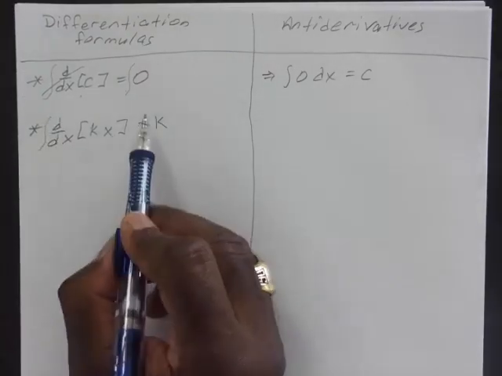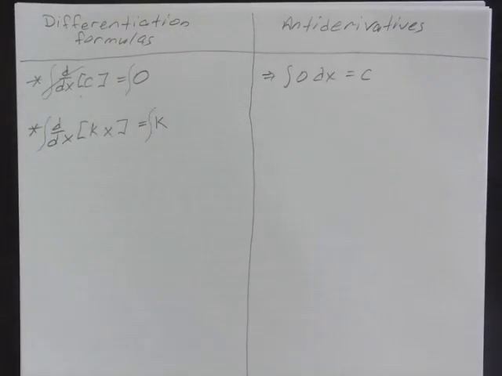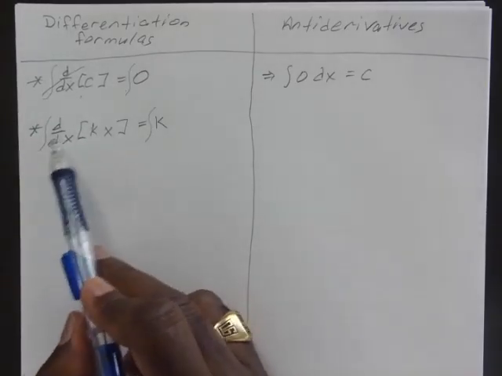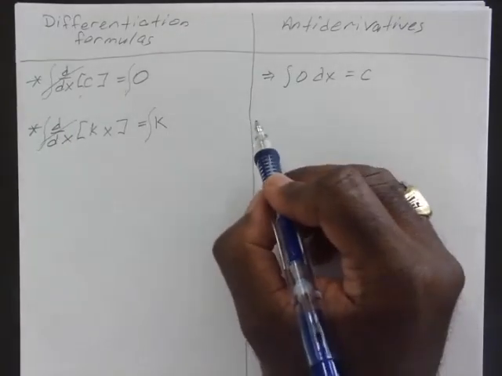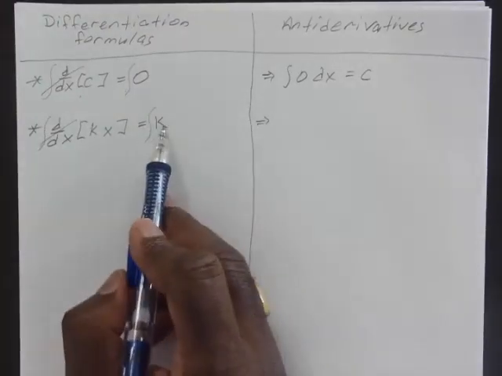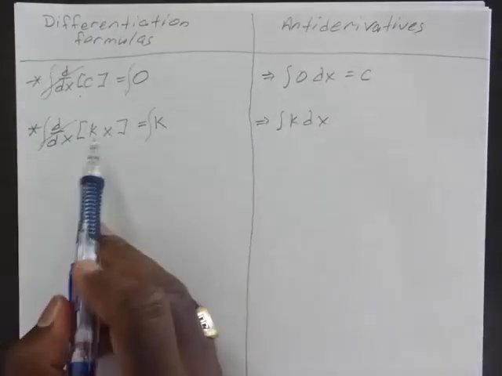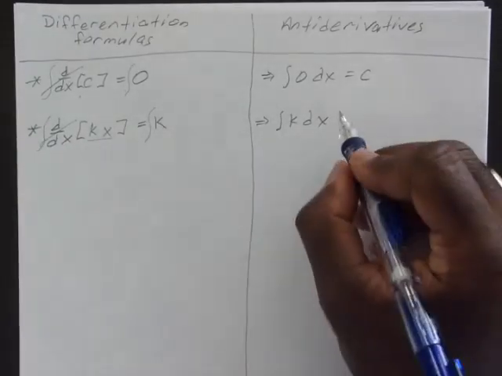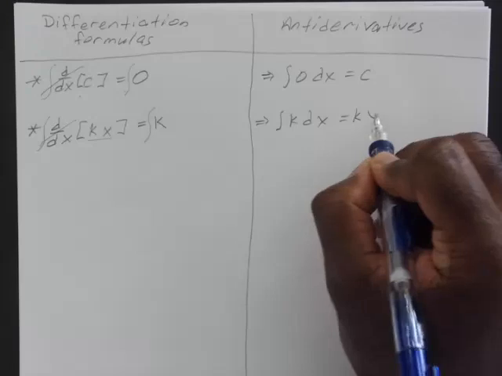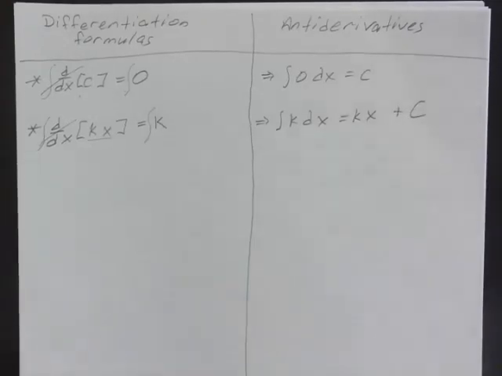But if we take the antiderivative of both sides, we know the derivative and antiderivative cancel each other out. So we're left with the antiderivative of k with respect to x is equal to k times x plus C.